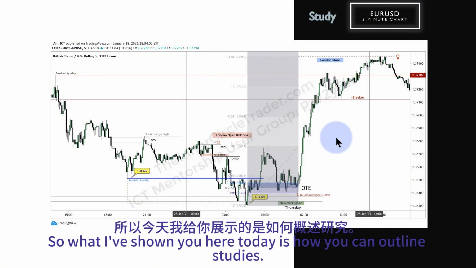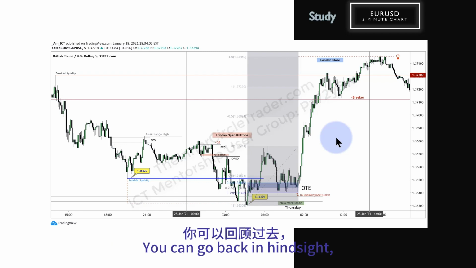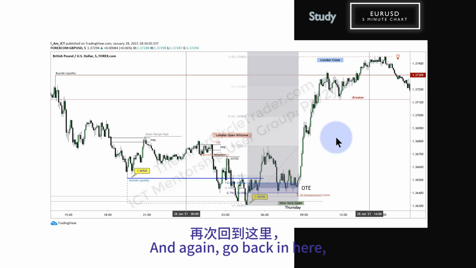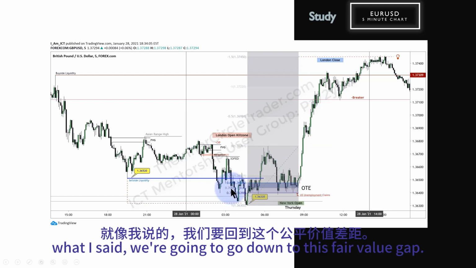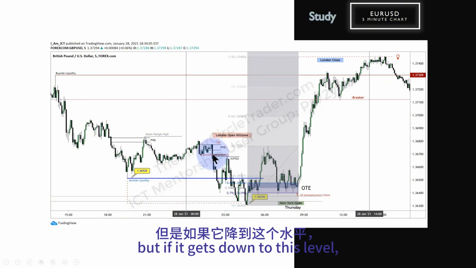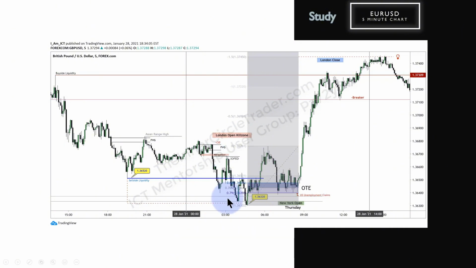So what I've shown you here today is how you can outline studies. You can go back in hindsight, even if you can't watch it live, and flesh out price action moves like this. And again, go back and hear what I said. We're going to go down to this fair value gap. I felt that it could have went lower, but if it gets down to this level, we're going to get a pop.